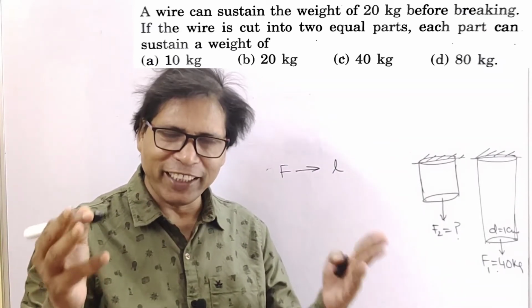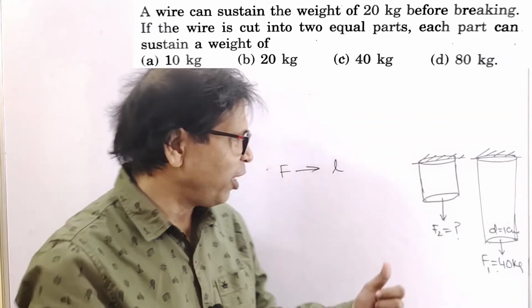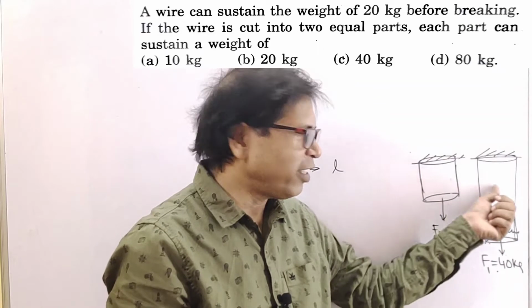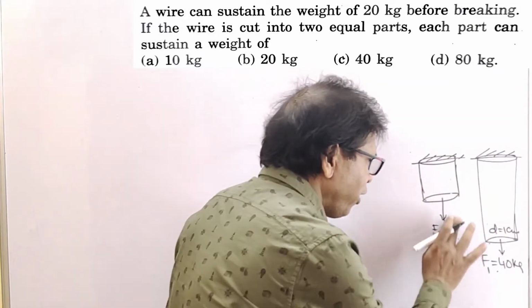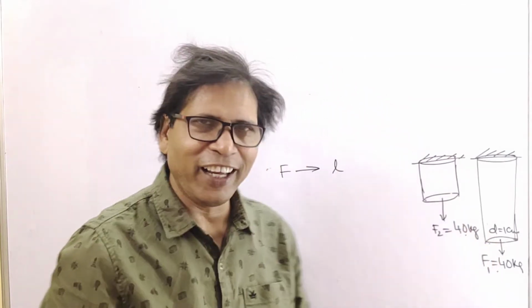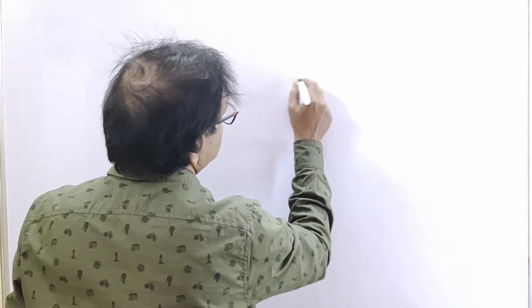It depends on material and area of cross section. The area of cross section is the same and the material is the same. So here the breaking force is 40 kg weight also. Understood?